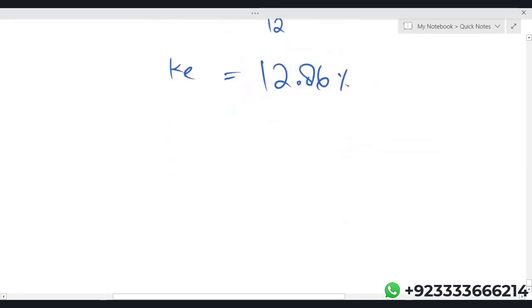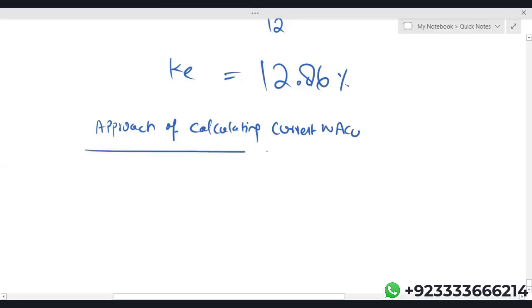Okay, now let's discuss other areas quickly. Then we'll come back to KE again. In fact, let's stay with CAPM right now. Look at this. Approach of calculating current WACC.